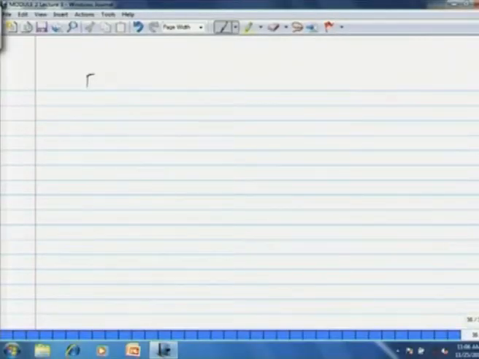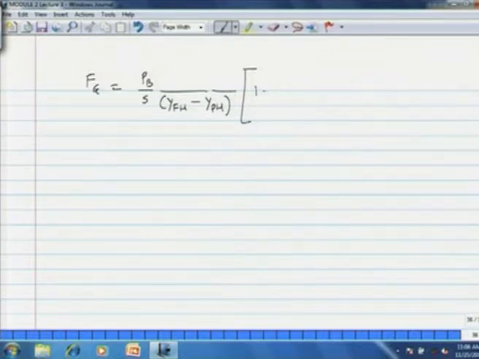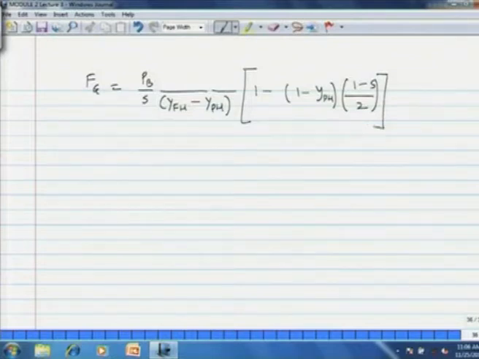It was Fg is equal to Pb by S divided by YFH minus YPH into 1 minus YPH into 1 minus S by 2. Now the derivation of this equation was already discussed in the previous lecture when we studied input output structure. So I am now borrowing this expression directly.